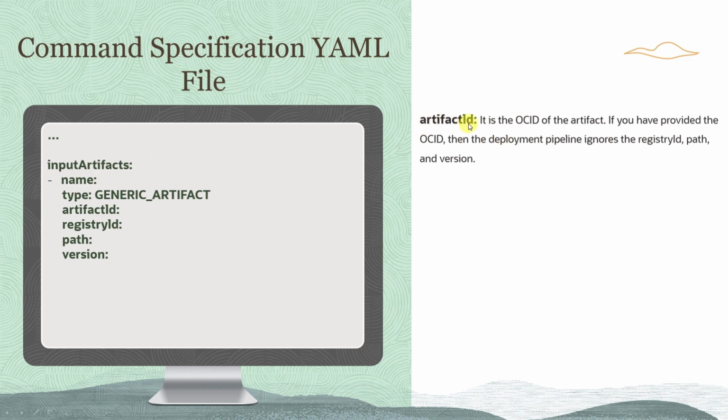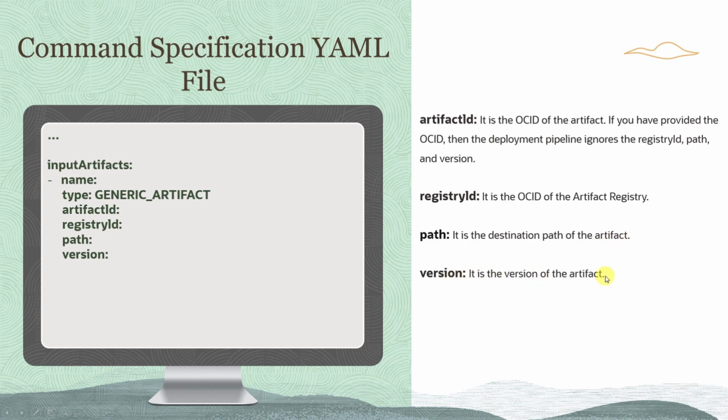Parameters such as artifact ID, which specifies details such as OCID of the artifact, registry ID, which specifies the OCID of the artifact registry, path is the destination path of the artifact, and version is the version of the artifact. Remember, these are mandatory parameters for defining input artifacts. And these parameters are required when you set the type of your input artifacts as generic artifact.